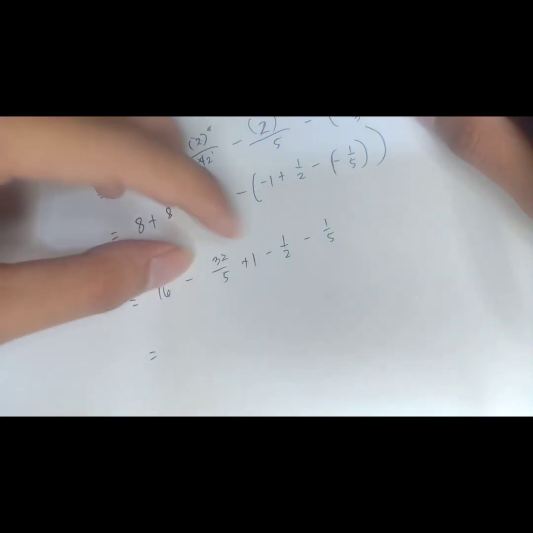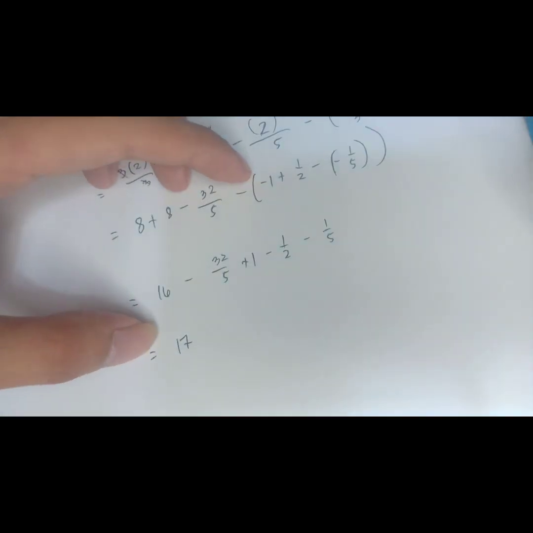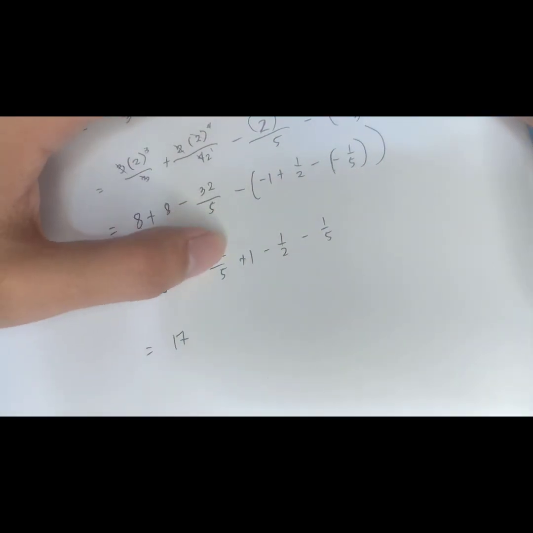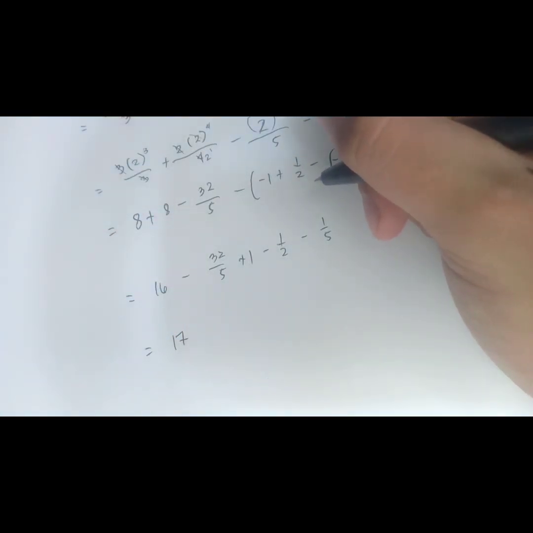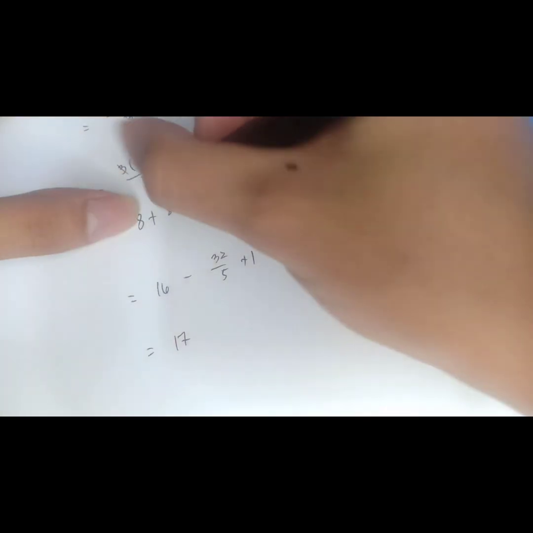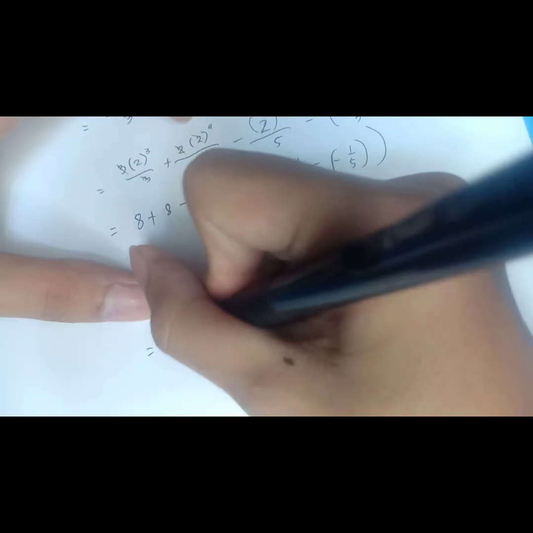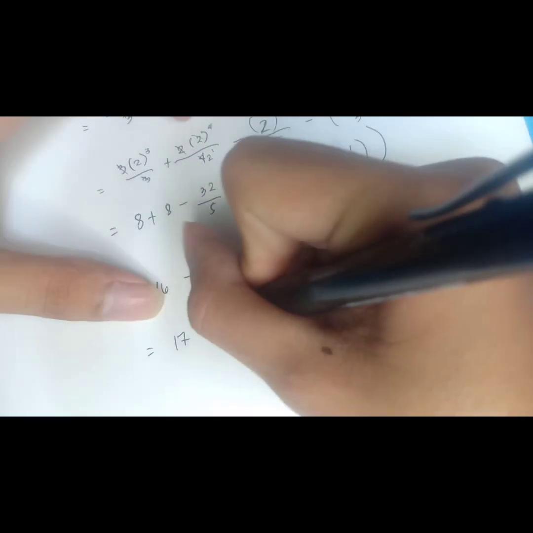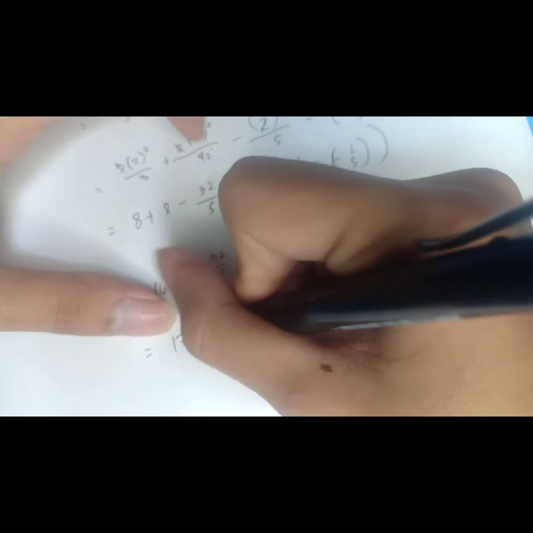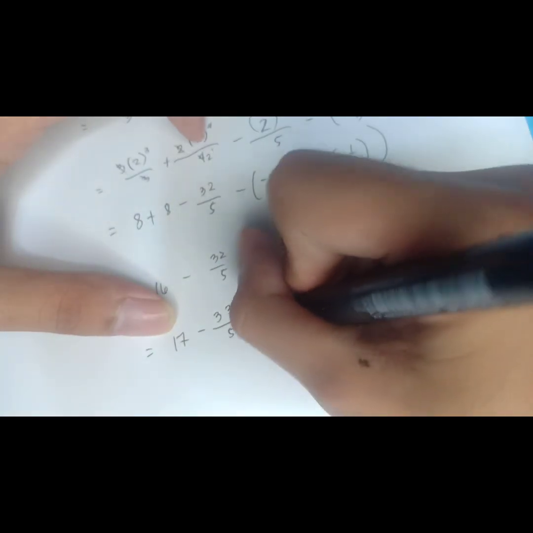I'm sorry. 16 plus 1 is equal to 17, and 32 over 5 minus 1 over 5 is equal to 31, oh sorry, it will be minus 33 over 5 minus 1/2.